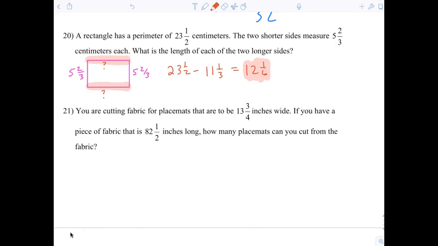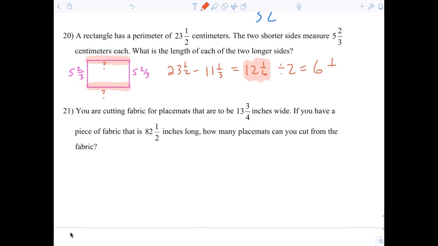Divide by 2. You take 12 1/6 and you divide it by 2. Tell me what that is. 6 1/12. Now look, guys, hear what I'm saying.